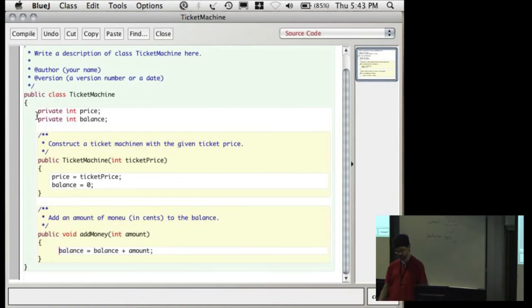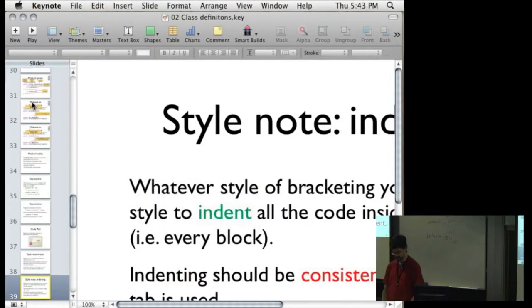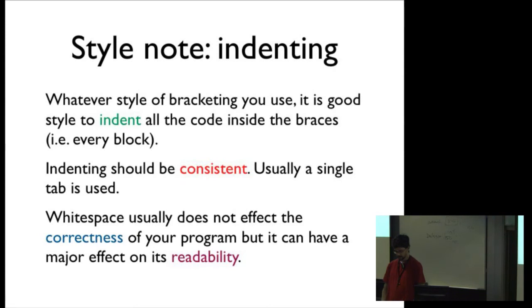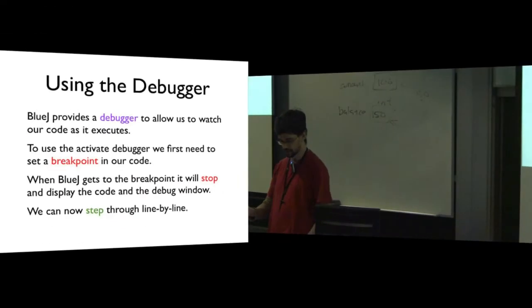I think it's 4 spaces. 1, 2, 3, 4, 5, 6, 7, 8. Yeah, 4 spaces. So that means that your code will line up neatly. So using tab rather than spaces is generally a good idea. It just makes your code easier to read and thus easier to understand. It doesn't affect the correctness of your program, but it affects the readability.